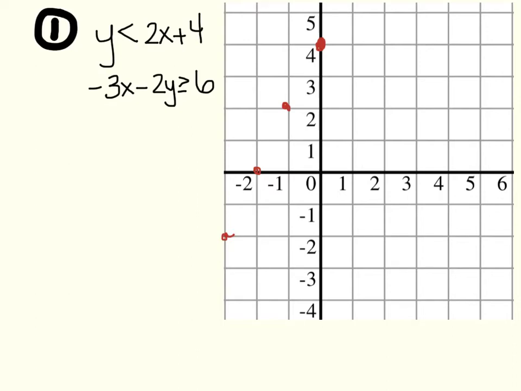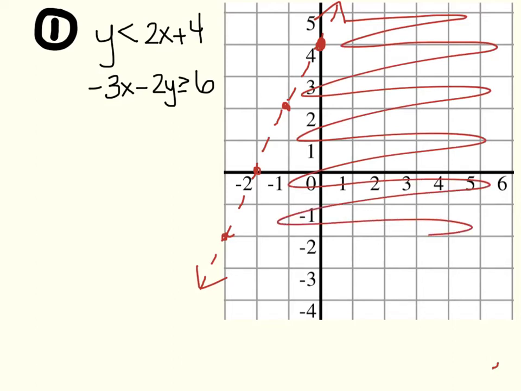It does not include an equal to, so therefore it's dotted. That means any solution on the line would actually not be a solution. So any point on the line is not a solution. Because it's less than, I'm going to shade underneath.